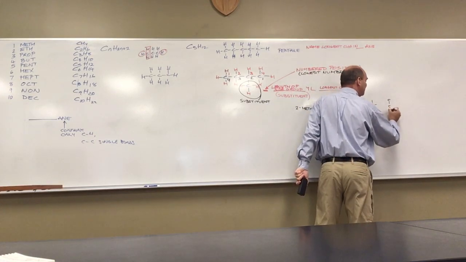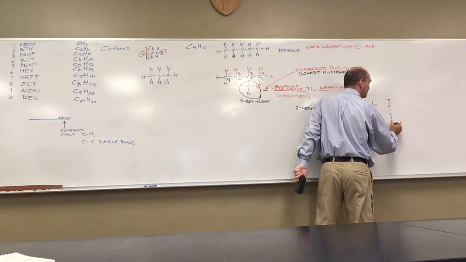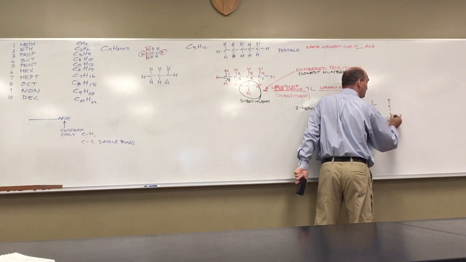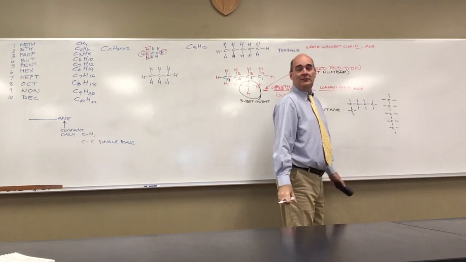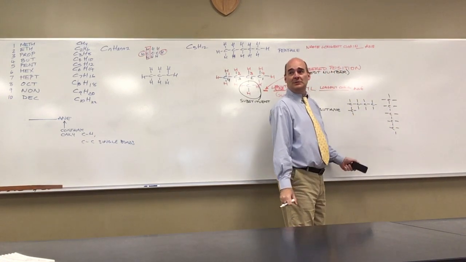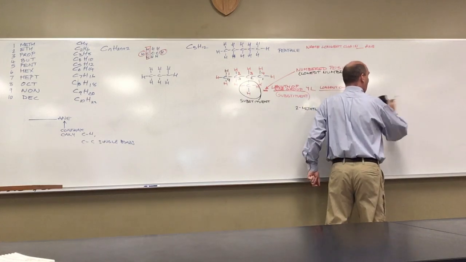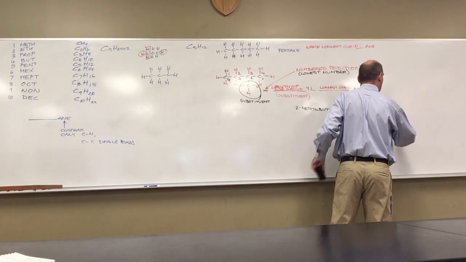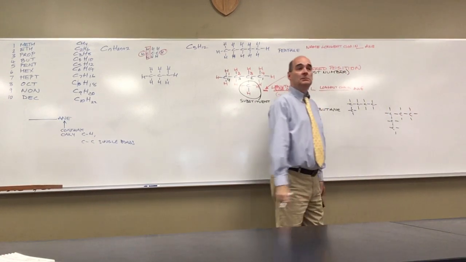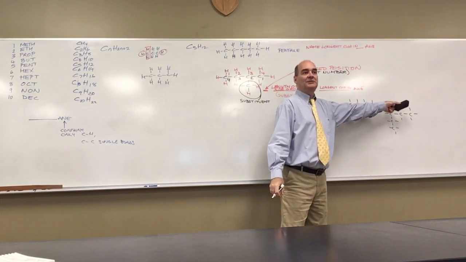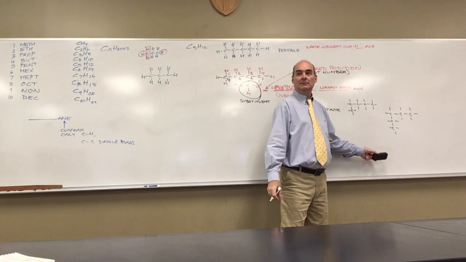What if I do it that way? You don't have to write from left to right. I can write top to bottom, and I can write going around corners. It's still 5 carbons in a chain.